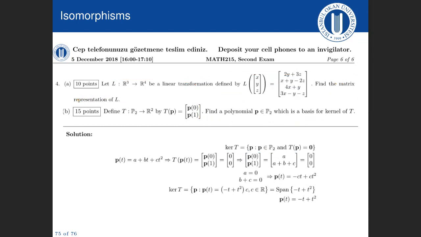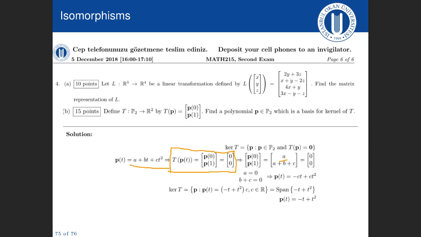So we're going to start by saying we want to find all of the polynomials which satisfy that T of P is 0, 0. So we want P of 0 is 0 and we want P of 1 to be 0. What is P of 0 if P is A plus BT plus C T squared?